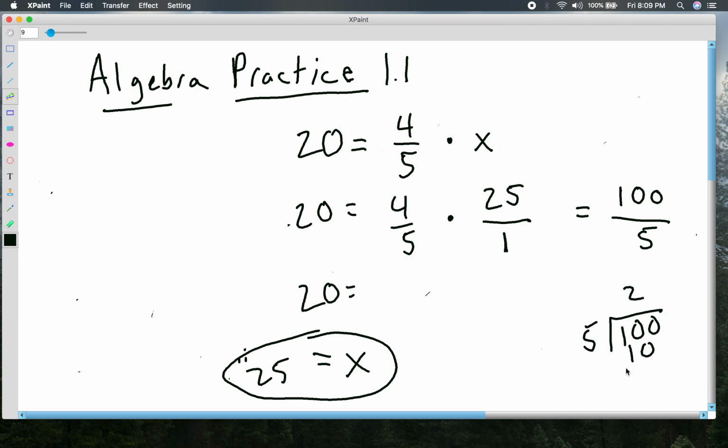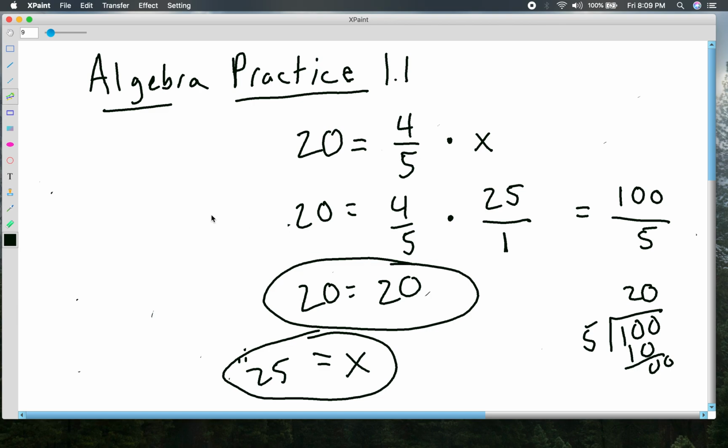Yep, 20 equals 20. There you have it. Very nice. So x does in fact equal 25.